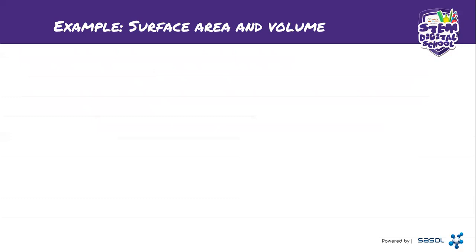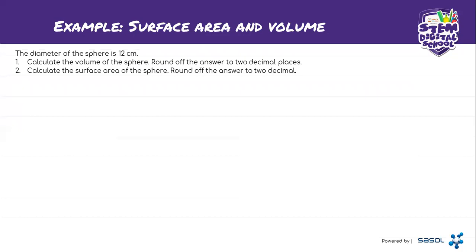Then we'll start with surface area and get an example from that. The first question we need to address says the diameter of the sphere is 12 centimeters. So we are given the diameter of this sphere.